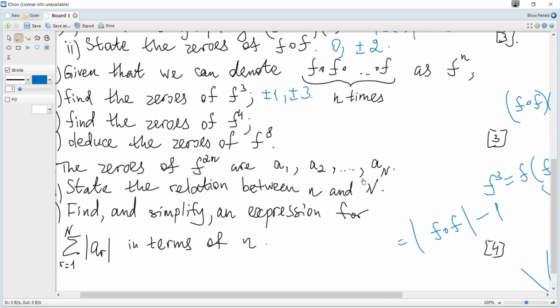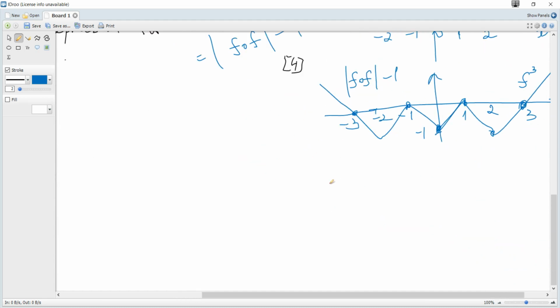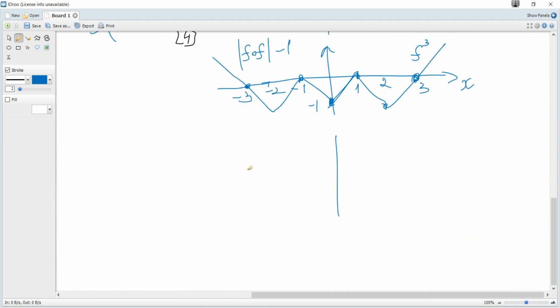Find the zeros of F4. F4 will be again reflected about the x-axis and 1 unit downwards.